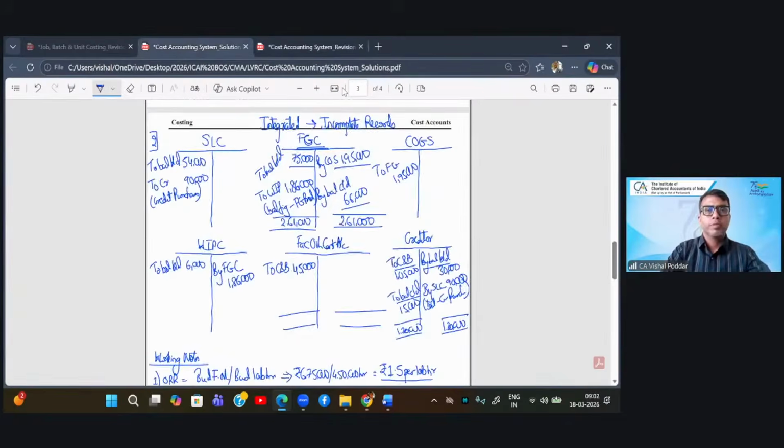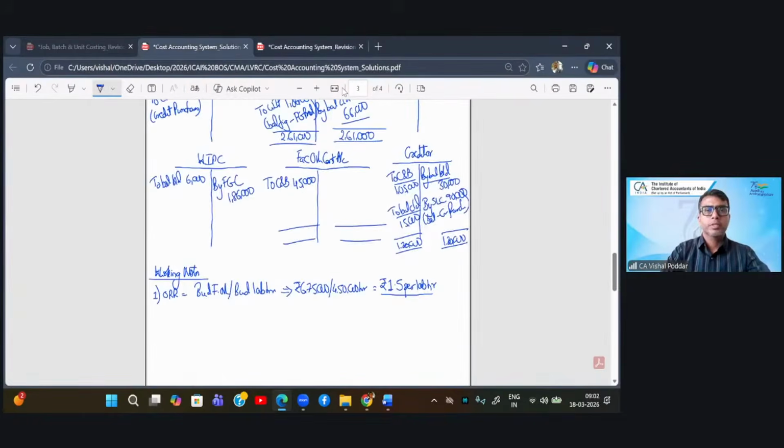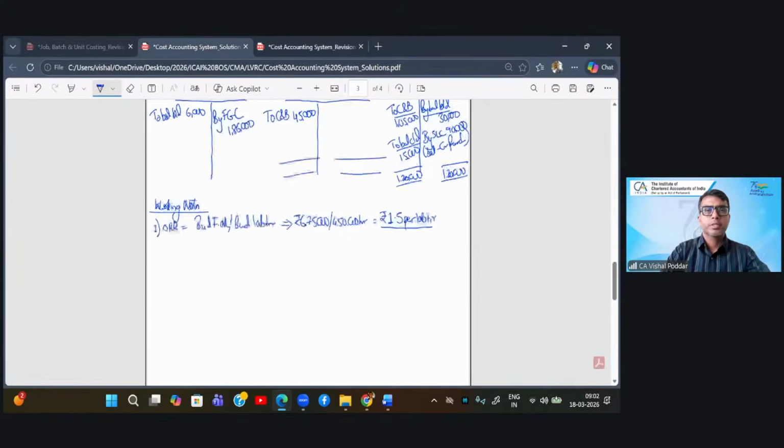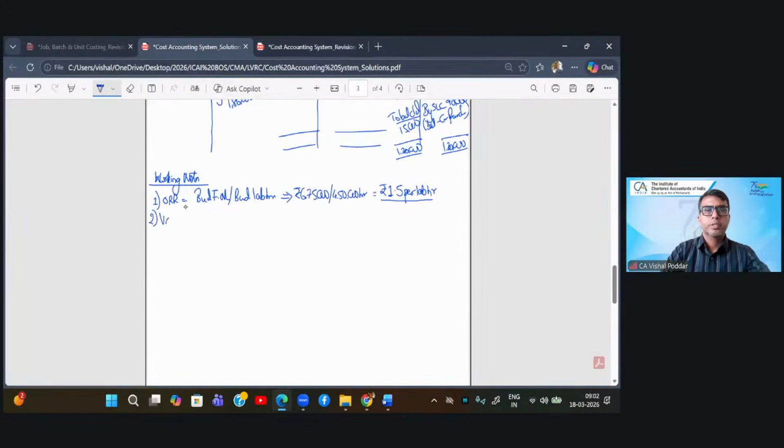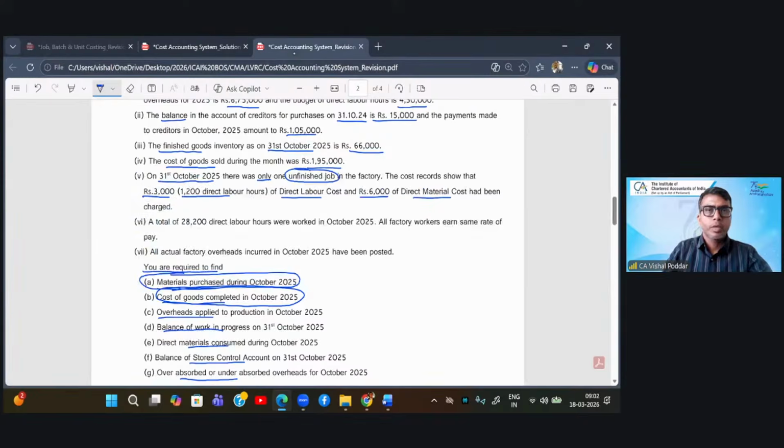So let us do our second working of closing WIP stock. Now, on this, some material cost is incurred, some labor cost is incurred, and overheads we have to charge. How much is the material cost? It is 6,000. Labor cost is 3,000.